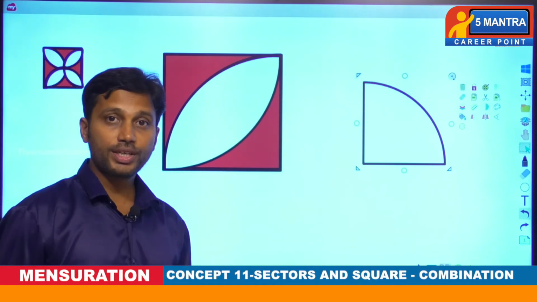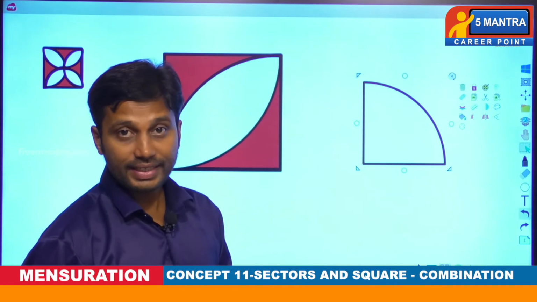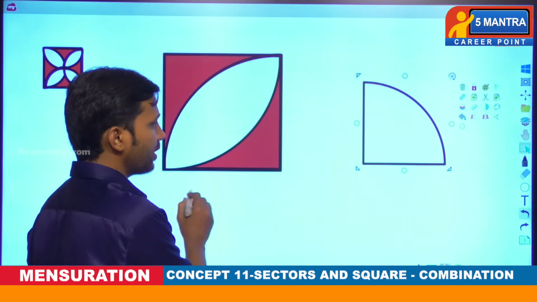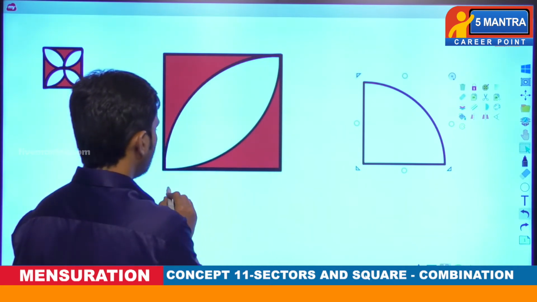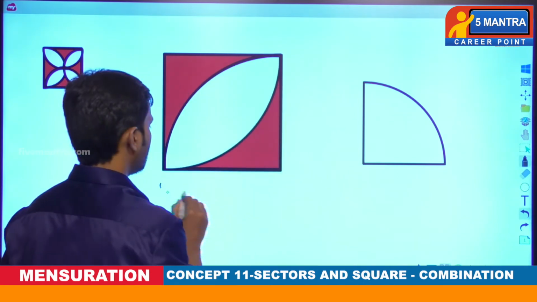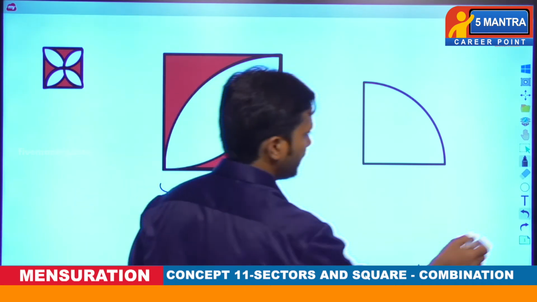Now this is one more case. Here we introduced two sectors of 90 degrees each and radius equal to side. Radius equal to side in the sense, see, this is side. If this is side, let me show how it is equal to radius.